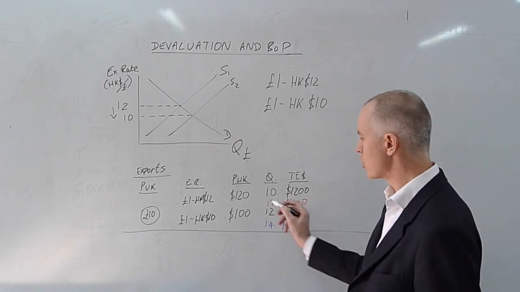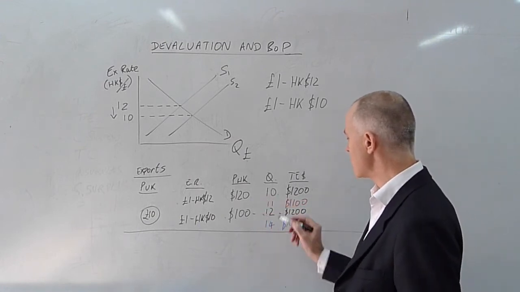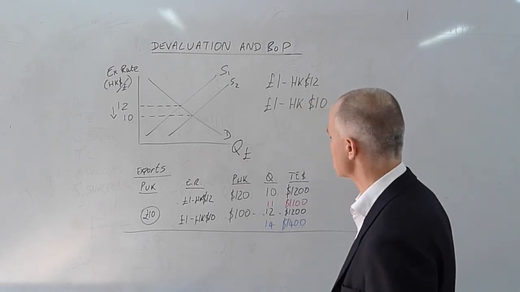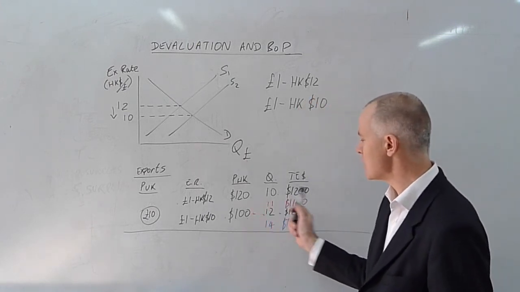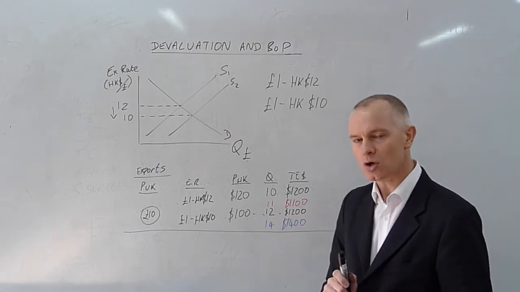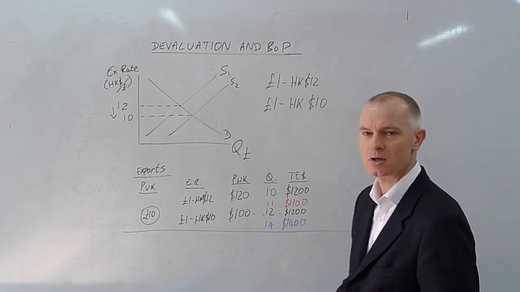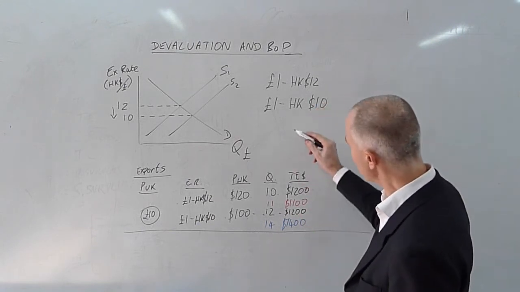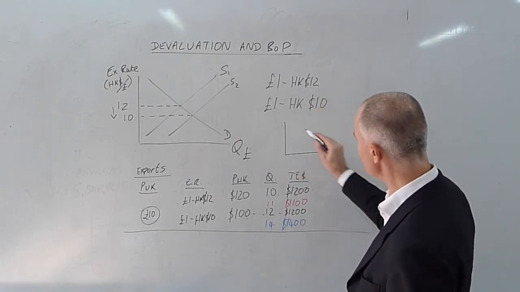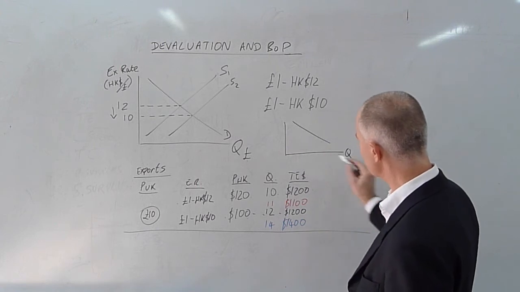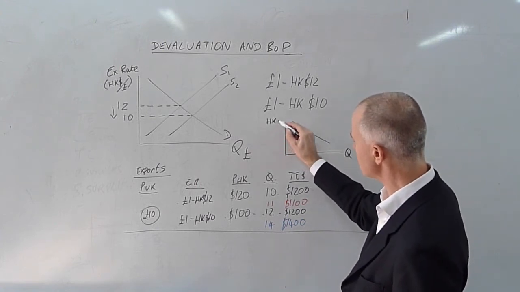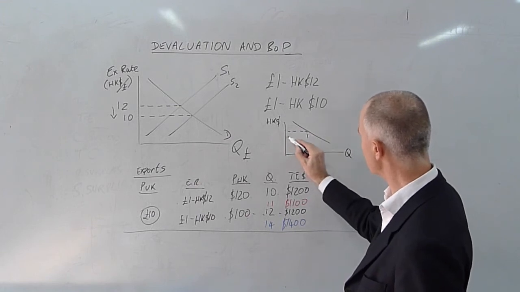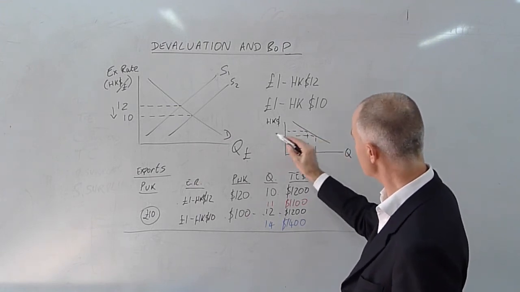It is, of course, quite conceivable that demand increases in the same measure as the price has fallen. In such a case, total expenditure in Hong Kong dollars would remain at 1,200 and the price elasticity of demand would be 1. We could show this on a demand curve for our product being sold in Hong Kong, the original price of 120 and the new price of 100.